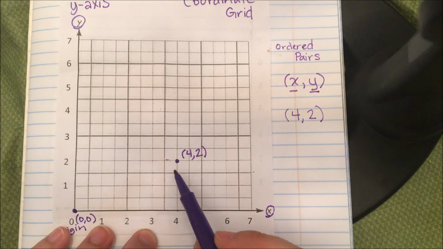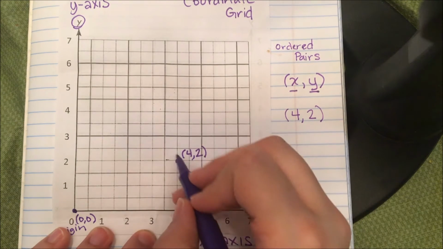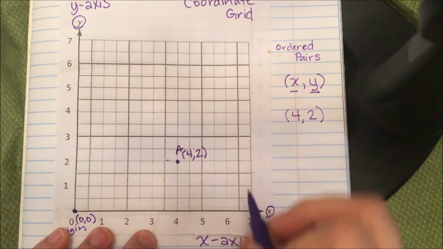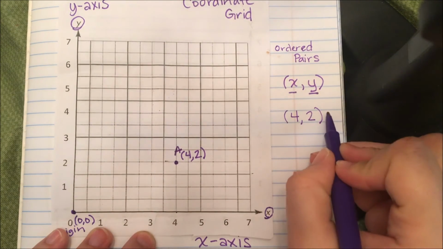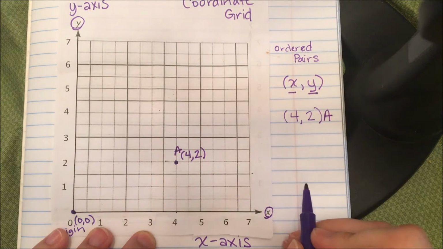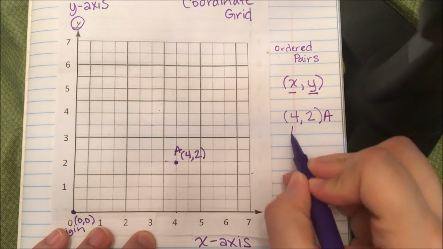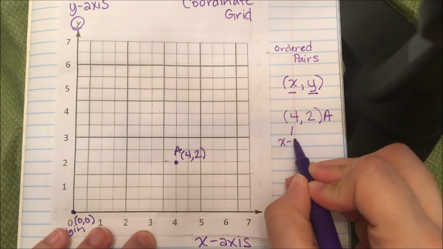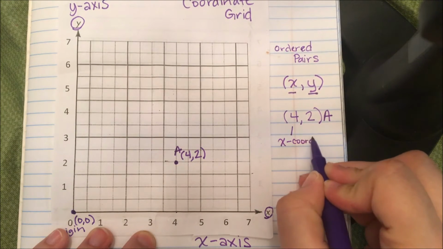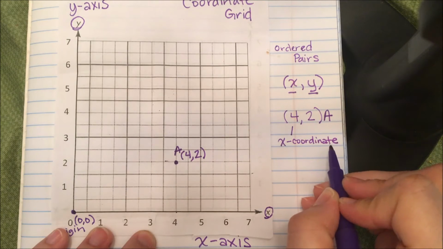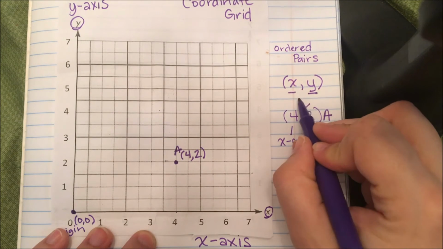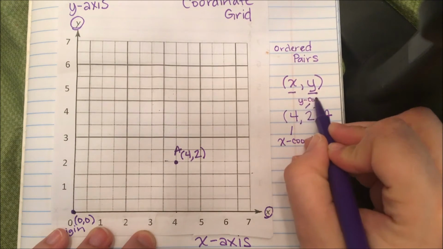So you're going to go up to 2. And this point here, we're going to call that A, is at 4, 2. So point A is at 4, 2. So 4 was the x coordinate. And then 2 is the y coordinate.